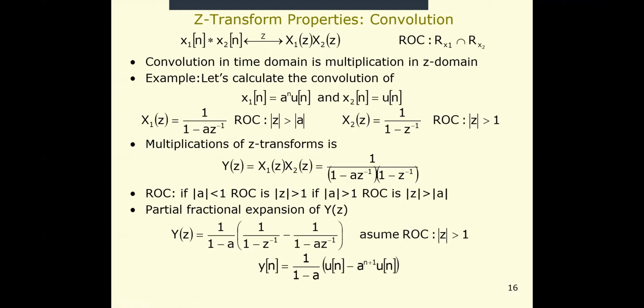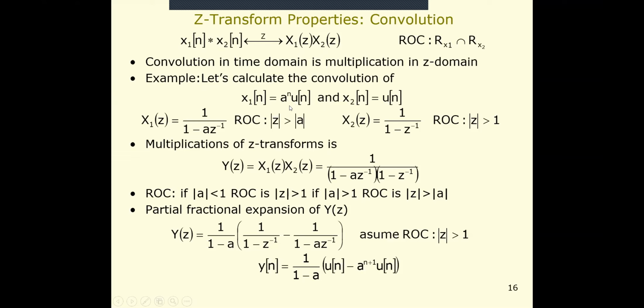Another important property, and I'm going to finish this lecture with this property, is the convolution. Convolution in time will be multiplication in the z domain. Okay, multiplication in the z domain. So let's calculate the convolution of x1, a to power n u of n, and x2, u of n.